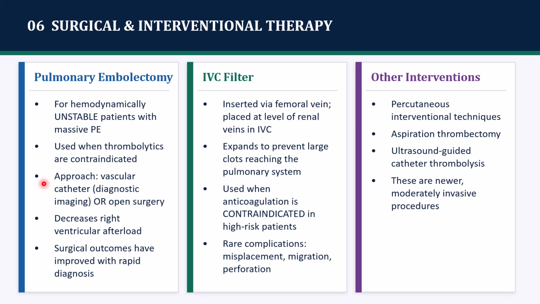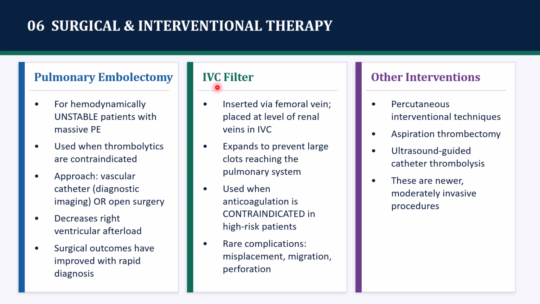It can be done via vascular catheter, a less invasive approach, or through open surgery. The goal is to decrease the right ventricular afterload, which is dangerously elevated when there is a massive obstruction. Surgical outcomes have improved significantly in recent years due to faster diagnosis and better surgical techniques.